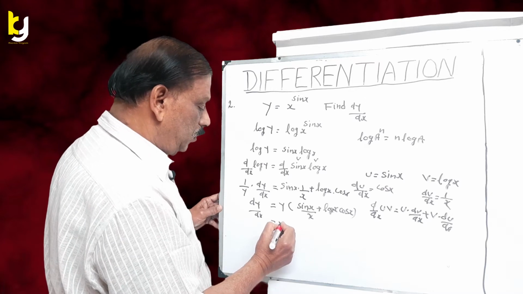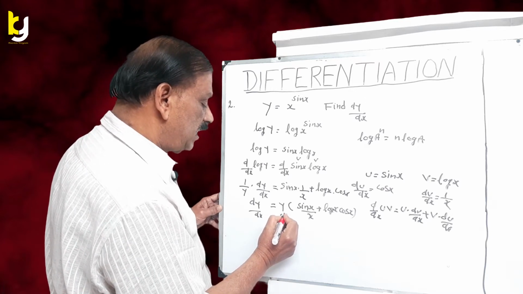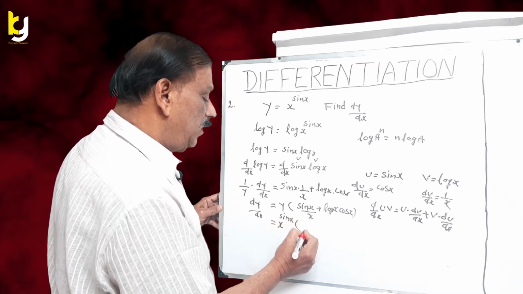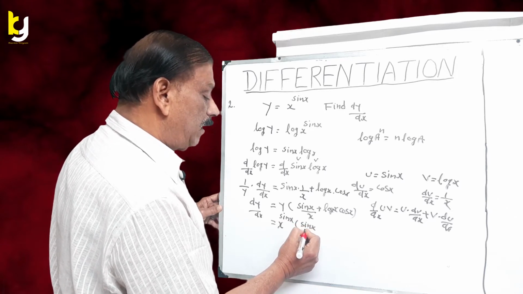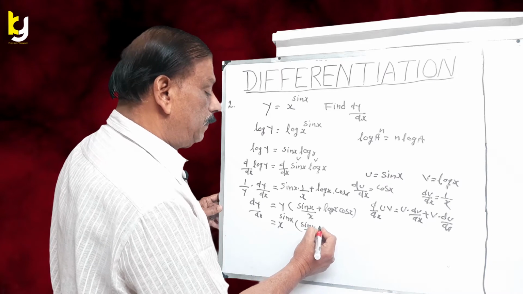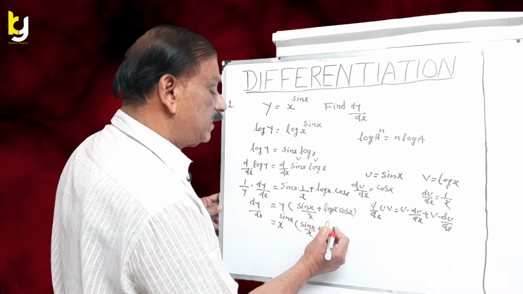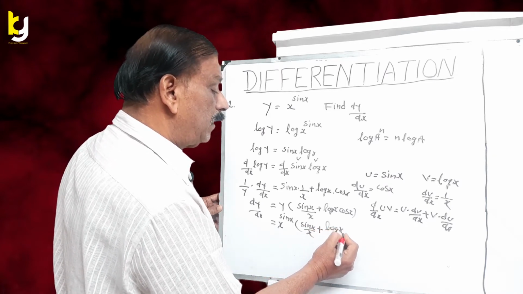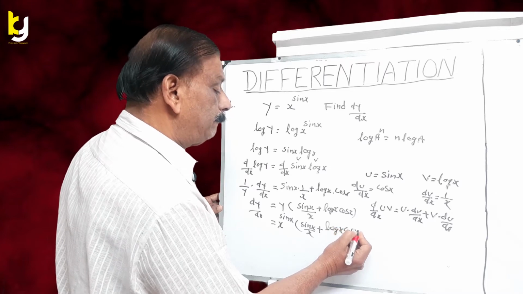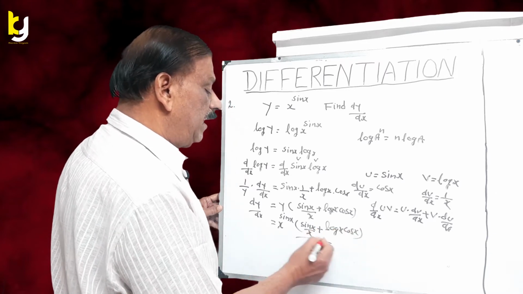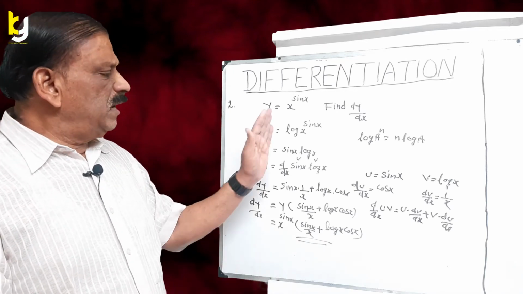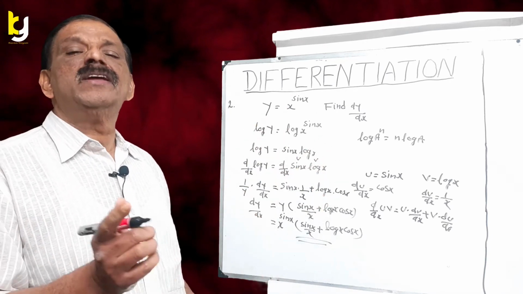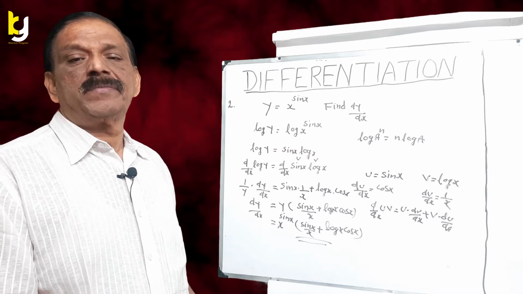So, this is equal to x to the power of sin x into sin x by x plus log x cos x. Hence the answer. Clear? If you have any doubt in any steps, comment in my comment box.